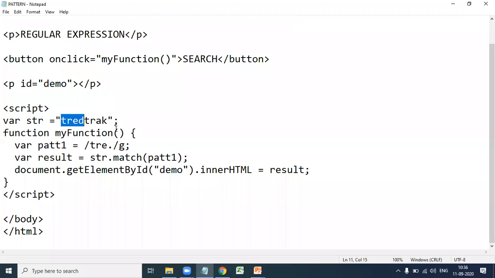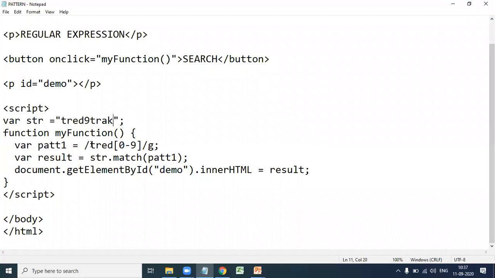Next one, dash. TRE[0-9]. A range like 0 to 9 makes it easy to define the range. It checks whether there is a number from 0 to 9 in the given string.